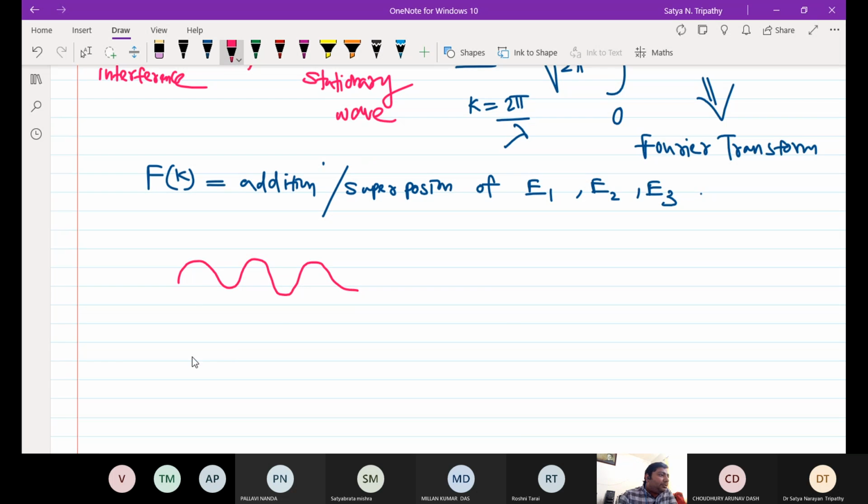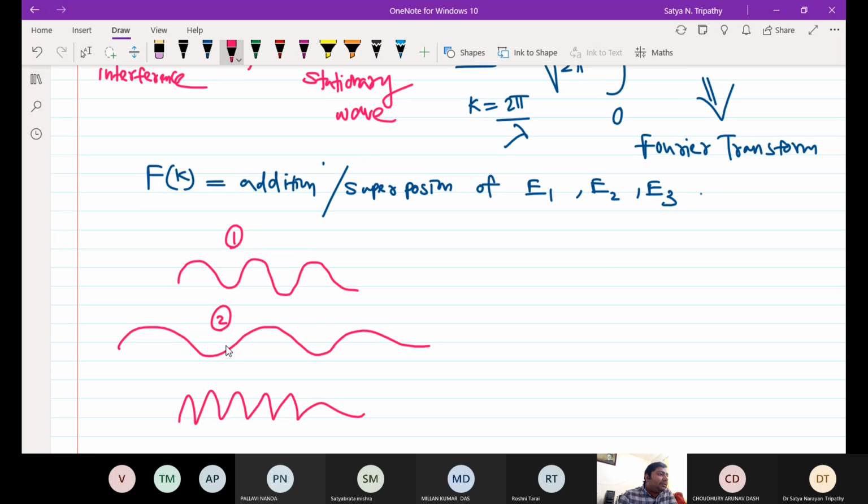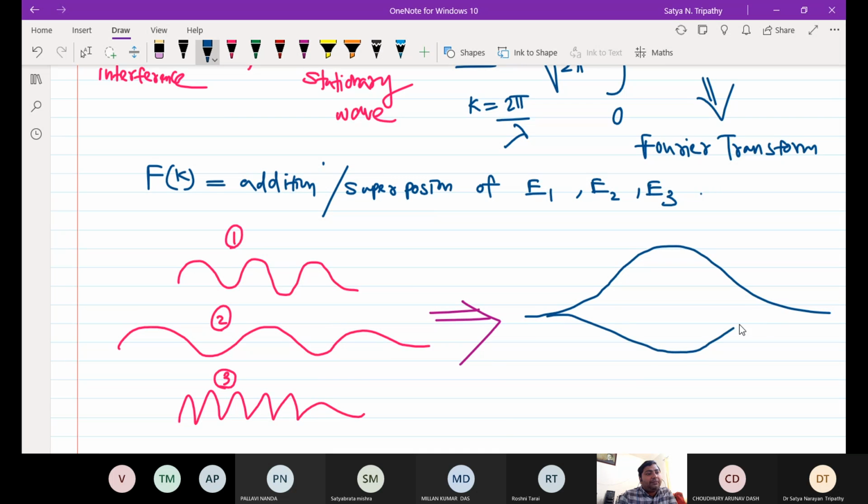So this is one phase wave, that is another phase wave. Then we have different phase waves: this is one, this is two, this is three. Whenever they travel in a medium combinedly, they actually form a group wave. The individual waves are inside the group. So this is called a group wave.